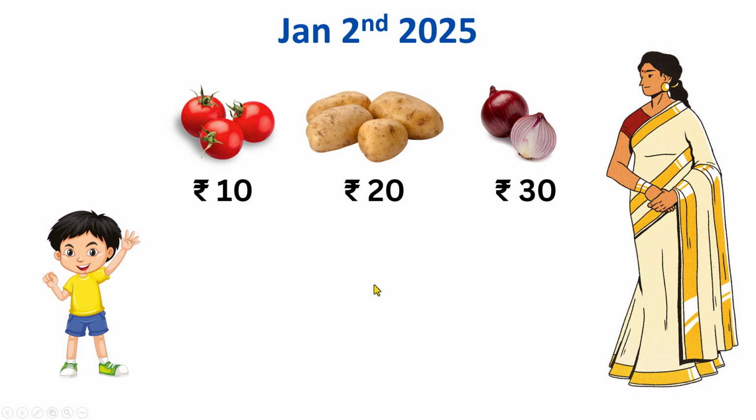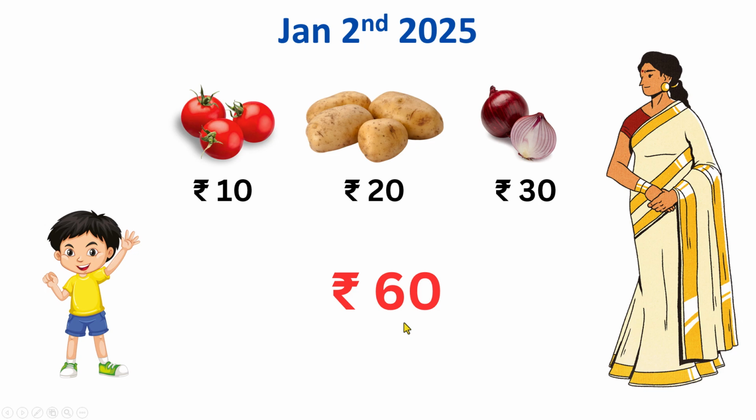Now you can say, tomato costs 10 rupees, potatoes cost 20 rupees, and onion costs 30 rupees. Or you can also say it like this. You can just add up all the values and say, today the vegetables cost 60 rupees.